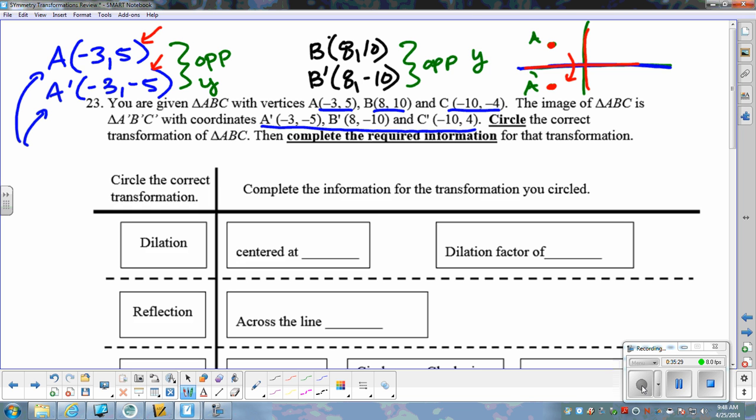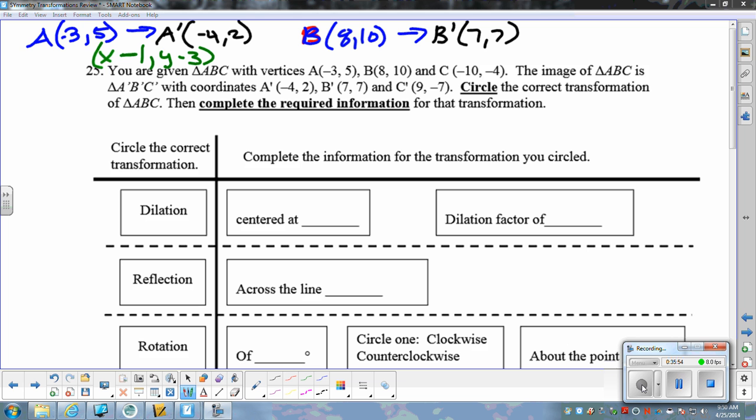I want to make sure it's the same pattern for B. So if I take a look at B and B prime, yes, I see that it is the opposite of y. So as we discussed before, it means it's going to be a reflection across the line, as we said before, y equals 0, or the x-axis.